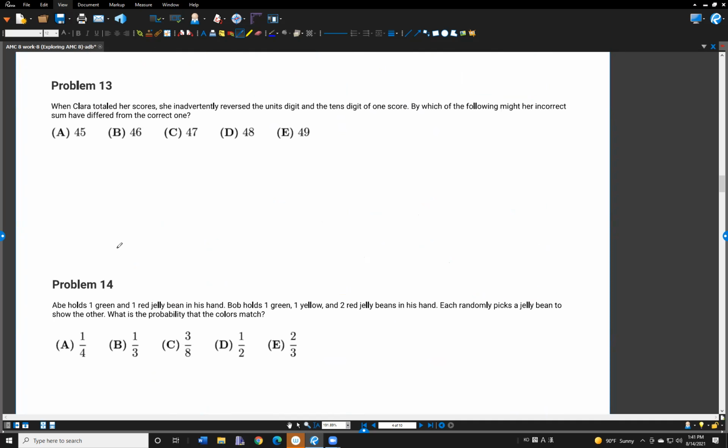Read the question and try to understand 100% and solve it. I'm not going to say anything about this one, okay? What that means, a 2-digit number, they reversed by accident.